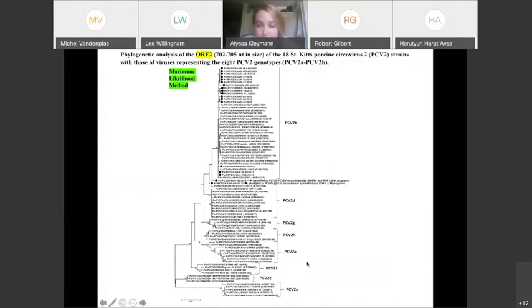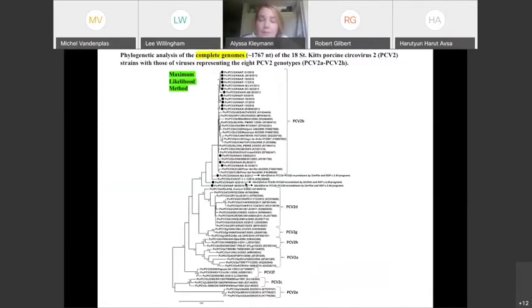And additionally, outside of the PCV2B bracket, identified as PCV2B, PCV2D recombinants, we have 2 strains labeled F6 and F60. Now, this was looking at the ORF2 region. When we look at the complete genome, we now have an additional strain that has been identified to be a PCV2B, PCV2D recombinant, and that is the MJ8 strain.